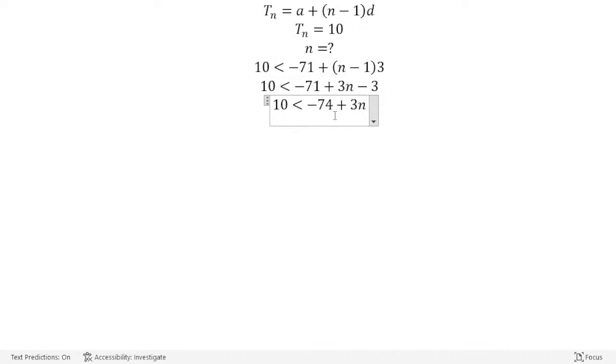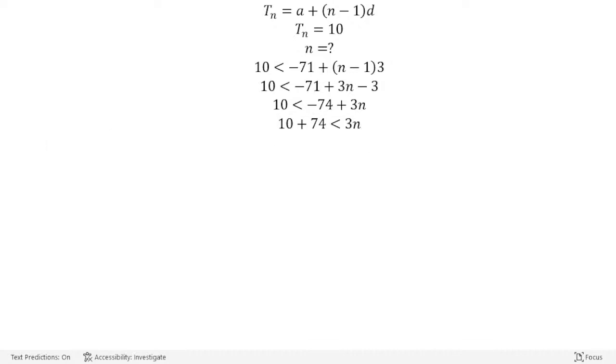So we're going to say 10 plus 74 is less than 3n. We transpose. Remember, when you are taking one term from one side of the equation to the other side of the equation, the sign changes. So the negative 74 on the right hand side, when it goes to the left hand side, becomes a positive.